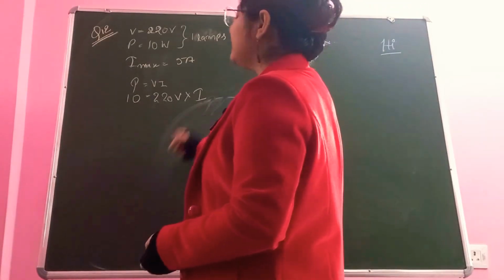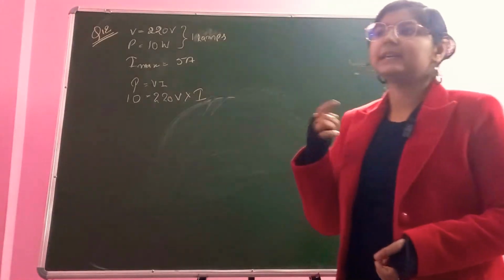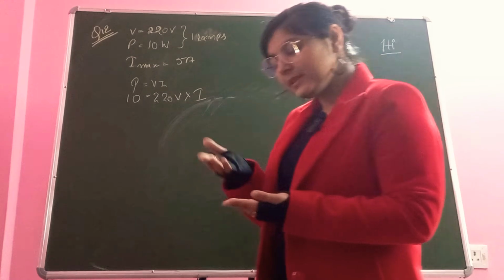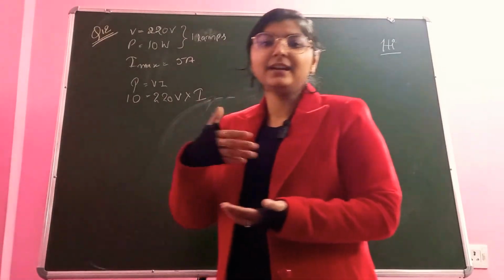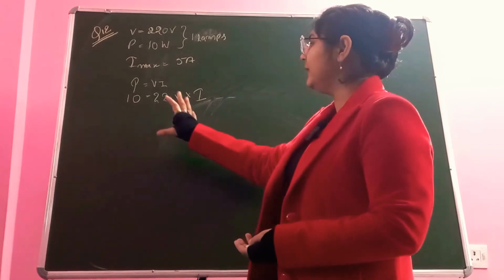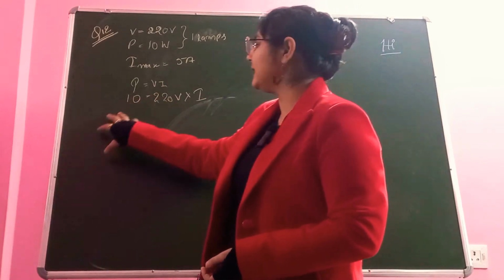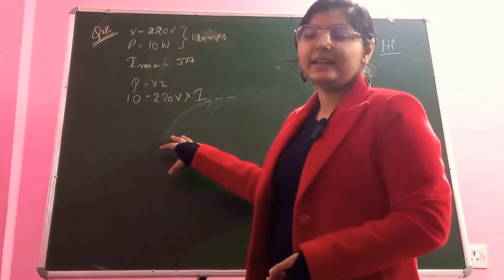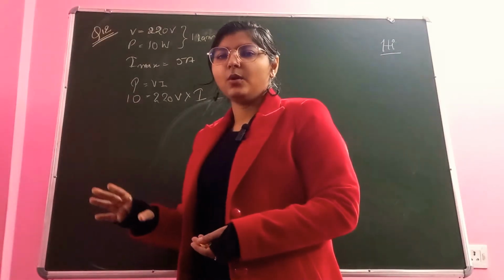So don't make that mistake again. I repeat it again and again, because despite my saying the same thing again and again, you will send this I to the left hand side and take this 10 to the right hand side, and then you will do the question wrong.